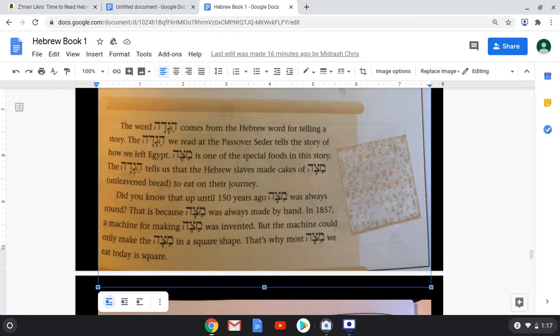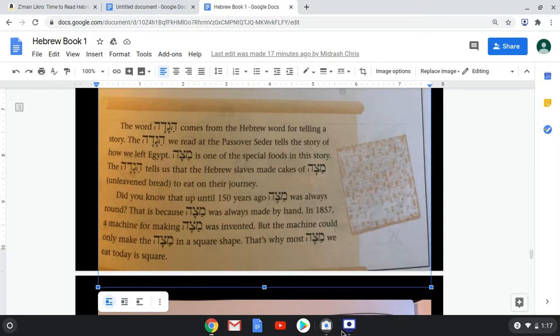Did you know that up until 150 years ago, matzah was always round? That is because matzah was always made by hand. In 1857, a machine for baking matzah, I just realized I was making the Z sound with the tzadi. Matzah was invented, but the machine could only make the matzah in a square shape. That's why most matzah we eat today is square.